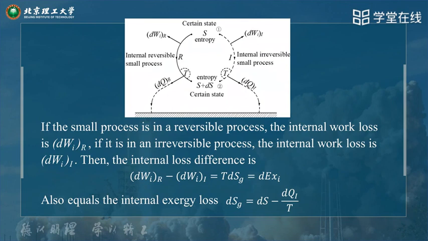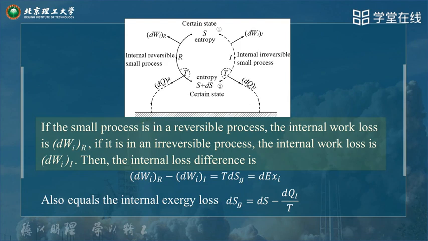Okay, for example, here is two processes. One is reversible process, another one is irreversible process. However, in one reversible process, maybe include a small process is irreversible. In this case, internal work loss, dWi R. If it is in an irreversible process, only a part of system include a little irreversible process.